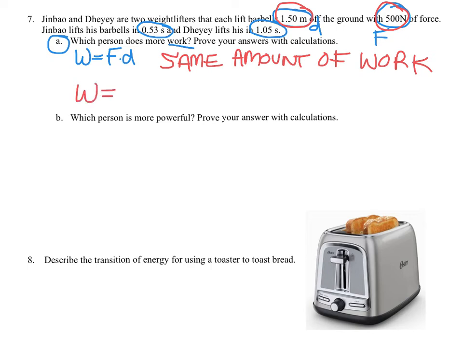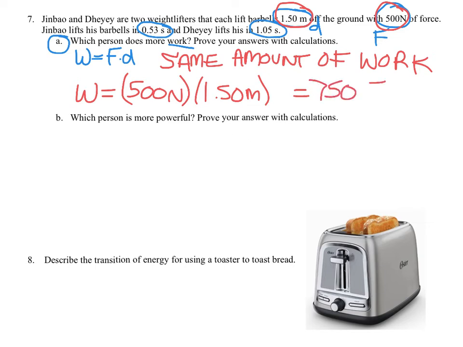Work equals the force, which is 500 newtons, times the distance, which is 1.5. Multiply those together, and 500 times 1.5 gives you about 750 joules of work. So that's our W.